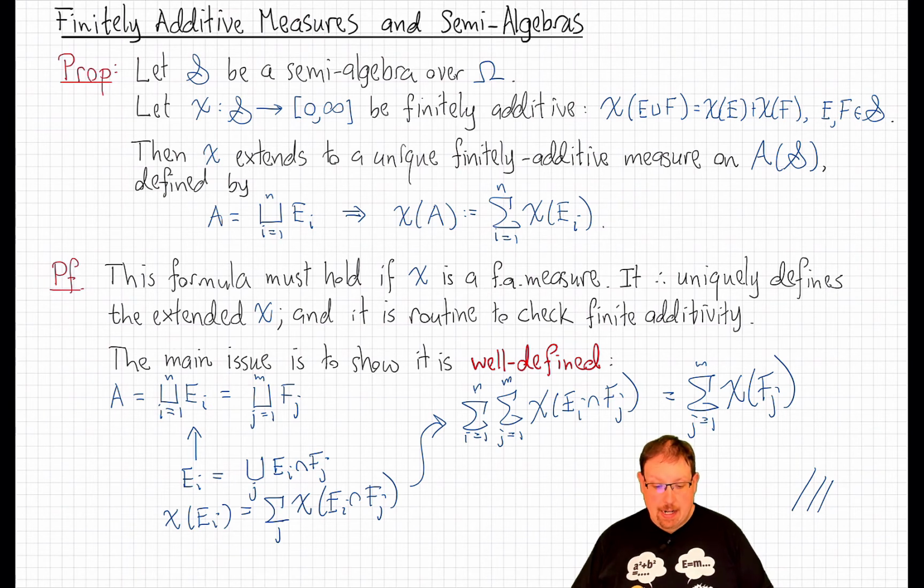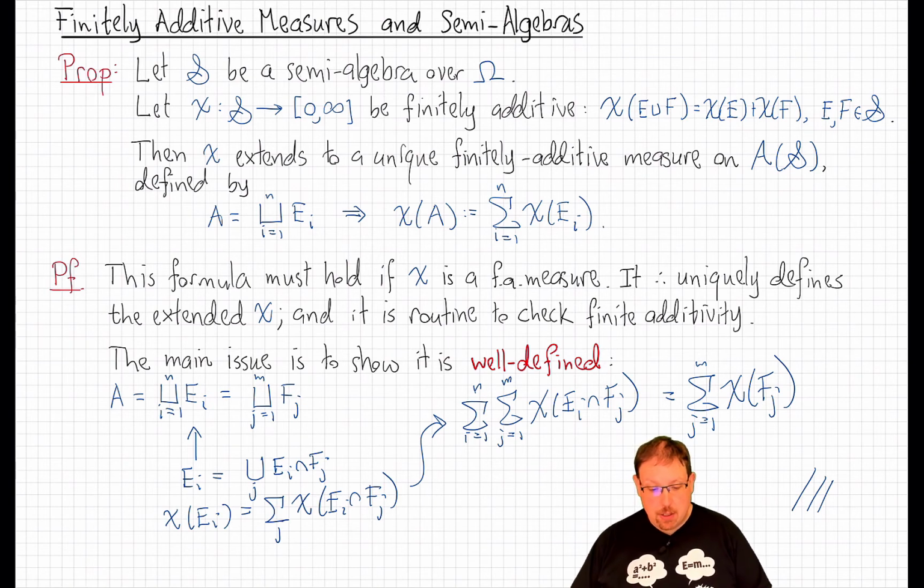Hence, finitely additive measures on fields generated by semi-algebras are tantamount to finitely additive functions on those semi-algebras. And due to the simplicity of the structure of semi-algebras, those are easy to come by.